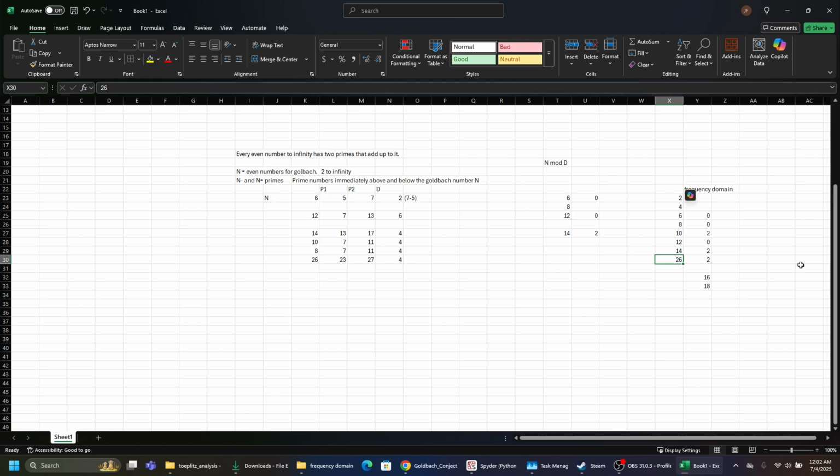But once you start getting into 10,000 and 100,000, these numbers start to become more prevalent. And 18 is the largest. In the data set that I used, which went up to 5 million, 18 was the most dominant N mod delta that we had.